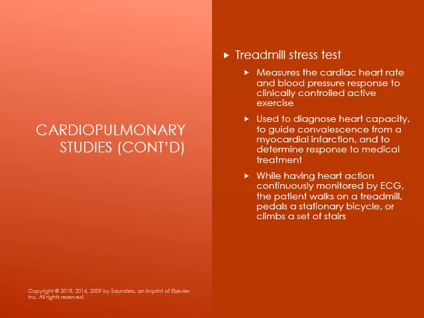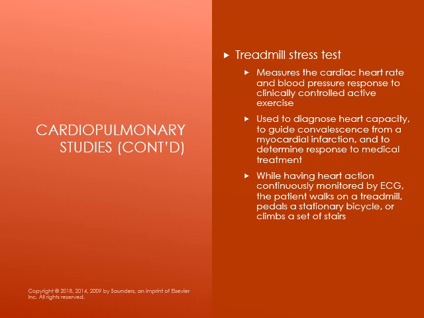An additional cardiopulmonary study is the treadmill stress test. This can be found in your textbook on page 425. Please see figure 24.5 for an example of a photo of a cardiac treadmill stress test. This test can be used for measurements of the cardiac heart rate and blood pressure responses to controlled exercise.